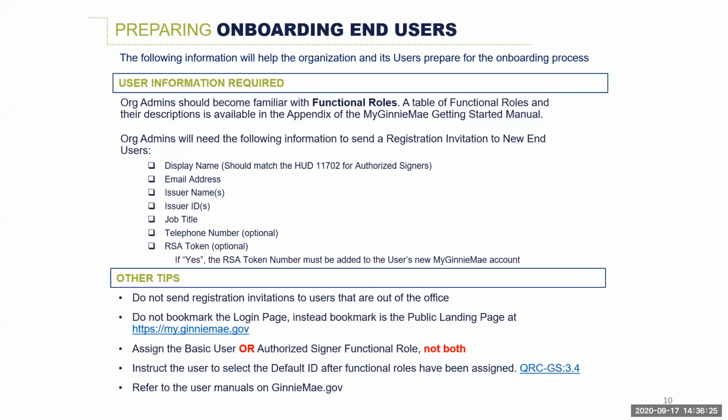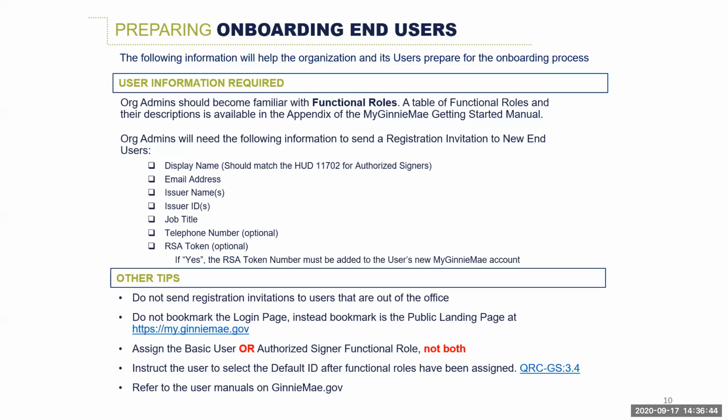Any deviation from that name, a nickname, an added middle name, will cause the RSA token to reject. So you do need to make sure that you are setting them up with the name as listed on the HUD 11702.